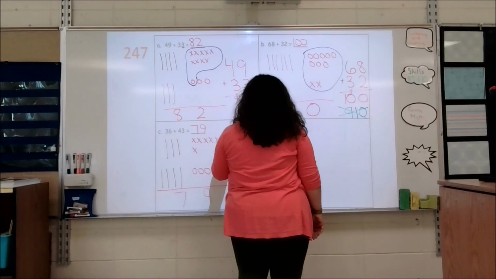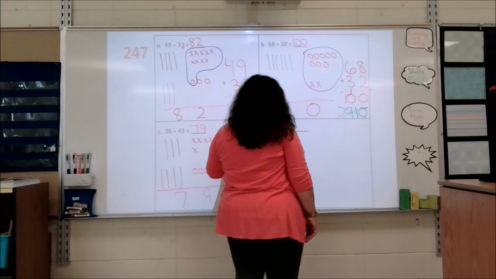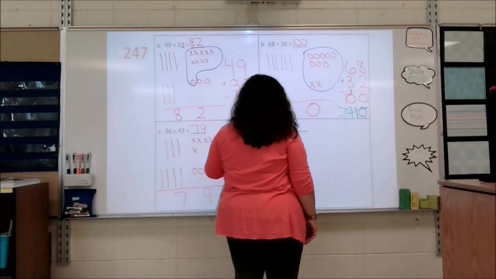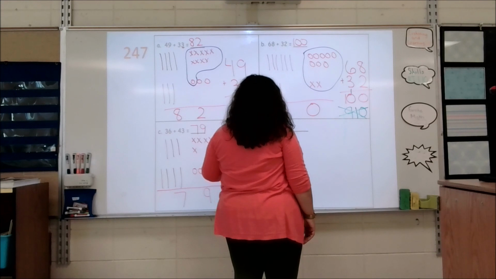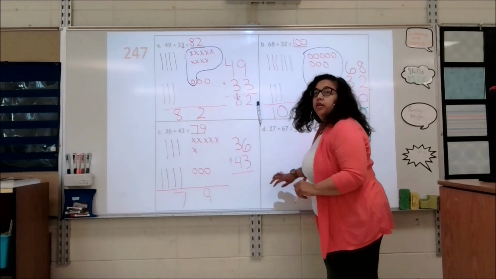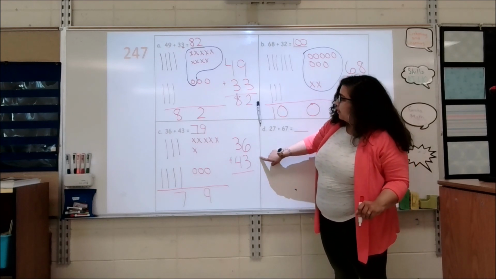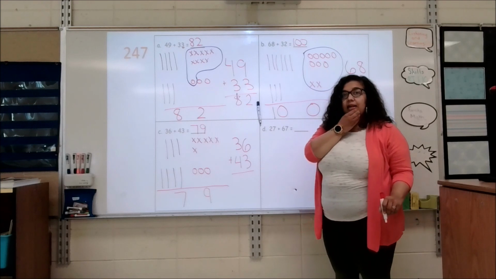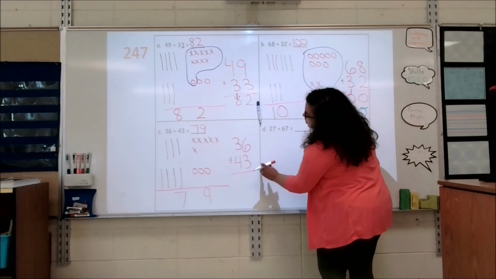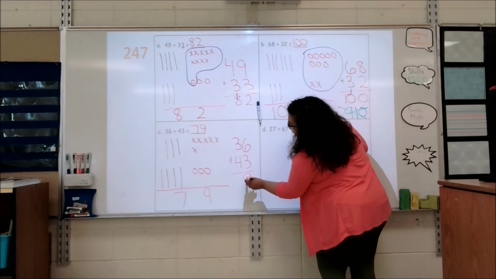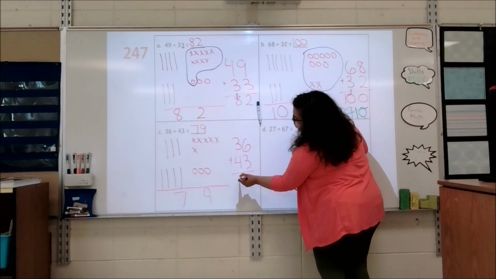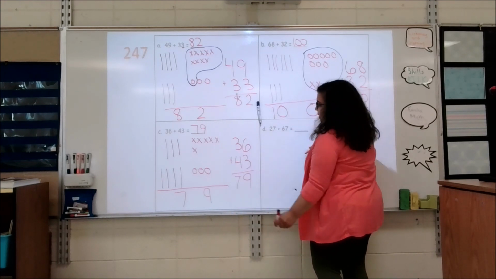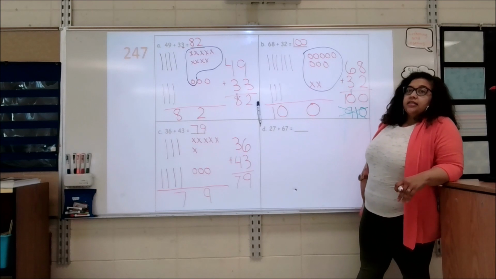So let's go ahead and write the numbers to match this picture. 3 tens and 6 ones plus 4 tens and 3 ones. So far, so good? So far my numbers match my picture? Match my horizontal side-to-side number sentence? Yeah. 6 ones plus 3 ones is 9 ones. 3 tens plus 4 tens is 7 tens. That same 79.